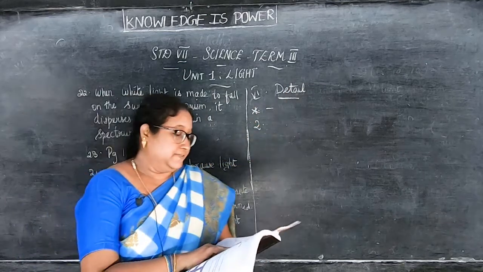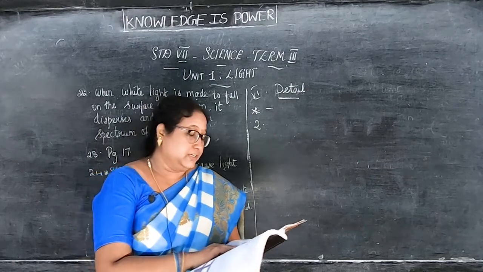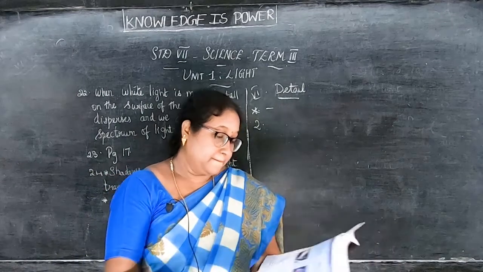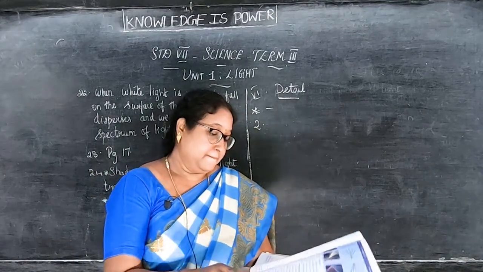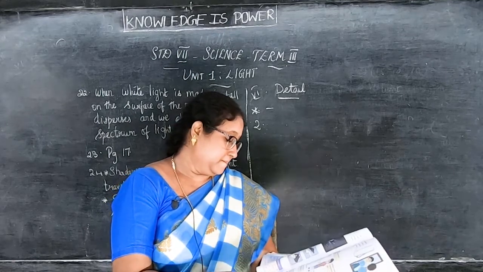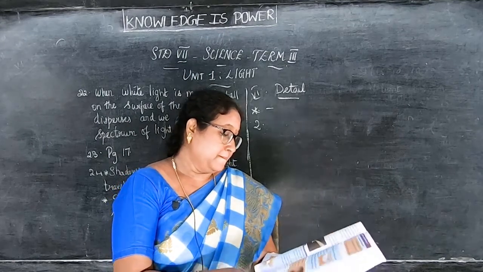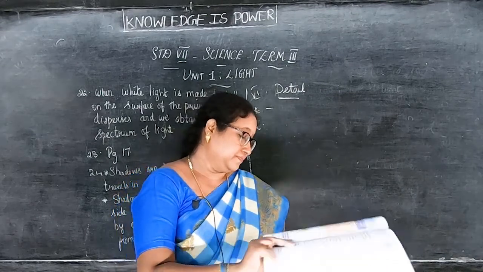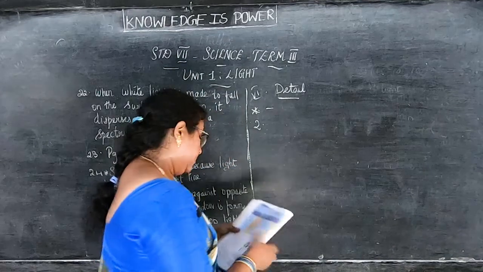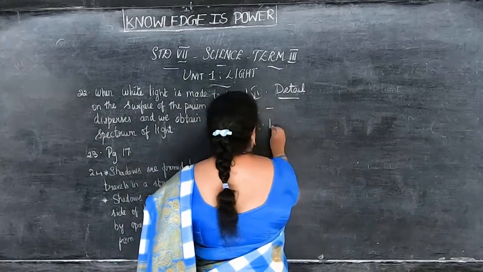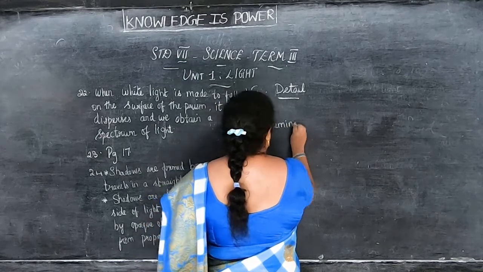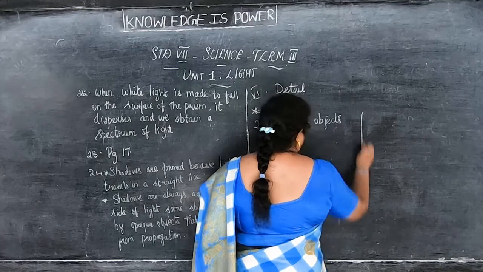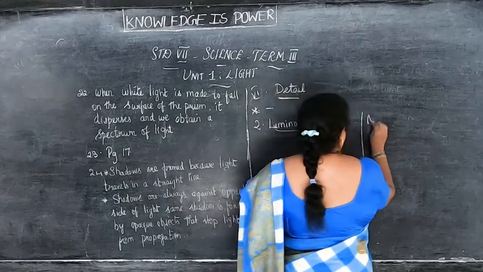Okay. Second, write the difference between luminous and non-luminous object. Give 2 examples of each. Luminous objects, non-luminous object.